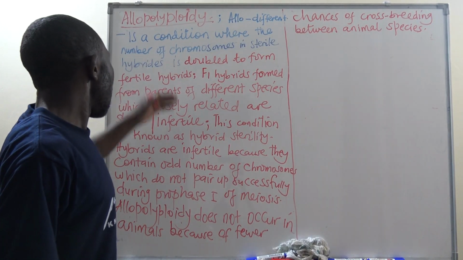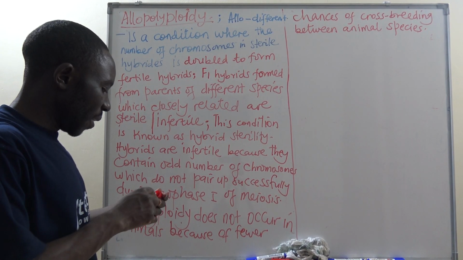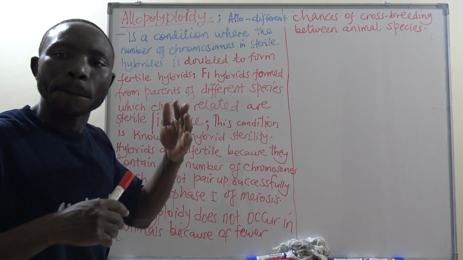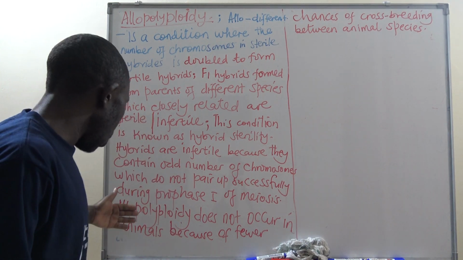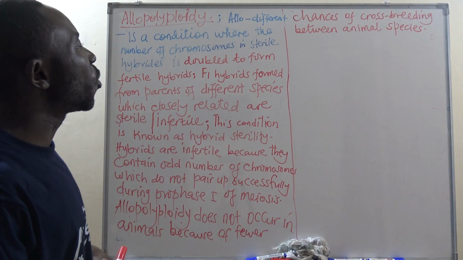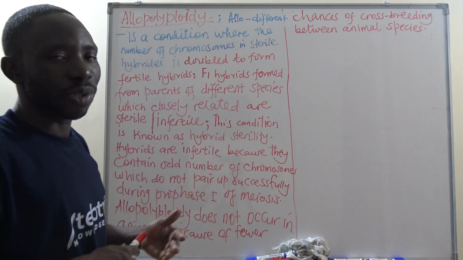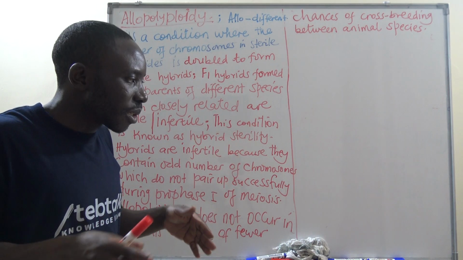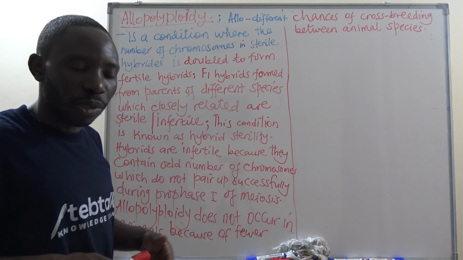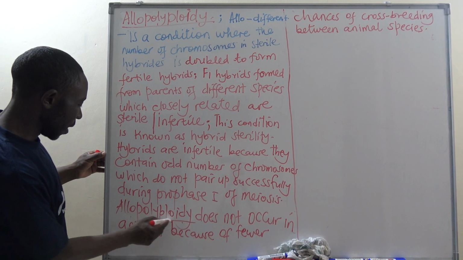So these kinds of mutations, allopolyploidy and autopolyploidy, all of them majorly occur in plants. So allopolyploidy does not occur in animals because of fewer chances of crossbreeding in animal species. So we have fewer chances of hybridization or crossbreeding between animal species, and for that matter, allopolyploidy majorly occurs in plants.